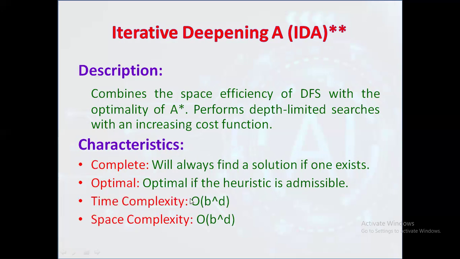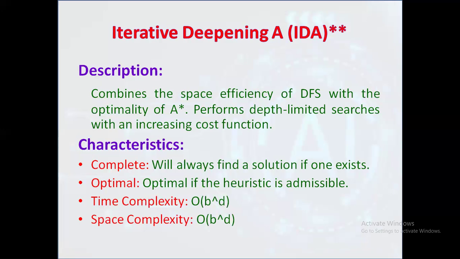It performs a series of depth limited searches, gradually increasing the limit based on the cost function. IDA star is complete and optimal when the heuristic is admissible. Its space complexity is low as it only stores the current path, making it more efficient in terms of memory usage compared to A star.